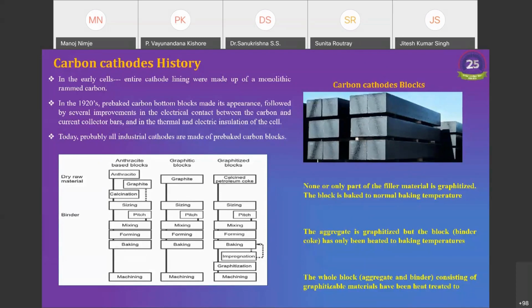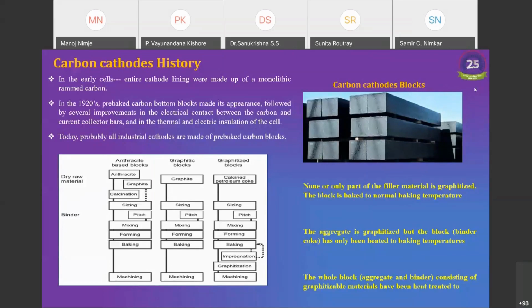Today, almost all industrial cathodes are made up of pre-baked carbon blocks with improved carbon properties. In early days, the average pot life was approximately 500 days.